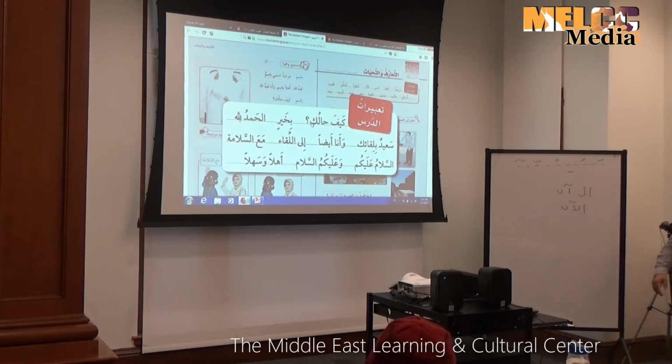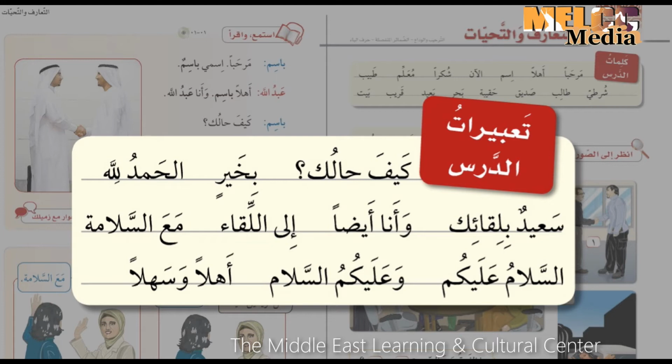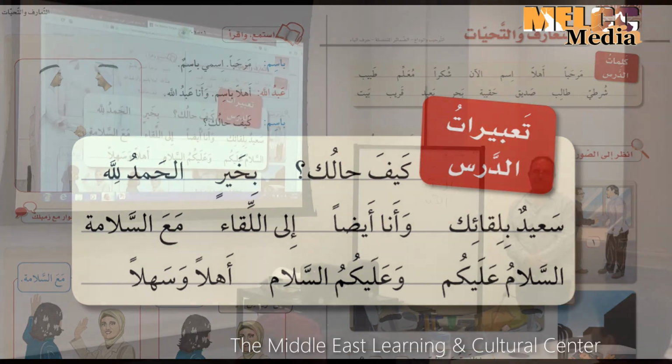And here, some expressions that you need to learn as you go. The first 2, these together, and there's a question mark. If you notice, the question mark is also going this way, because we write from right to left, so the question mark has to be that way.